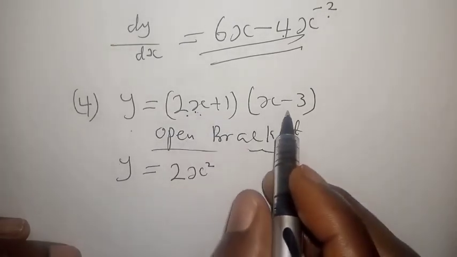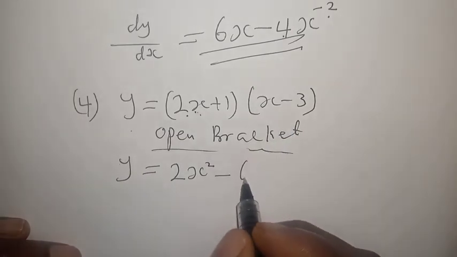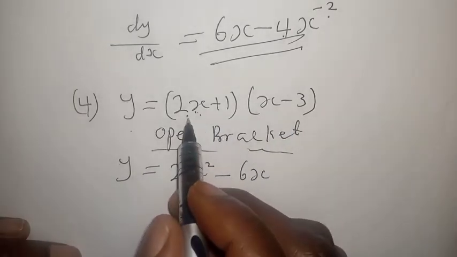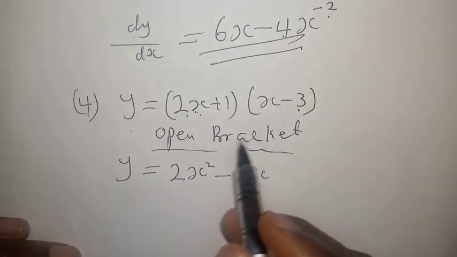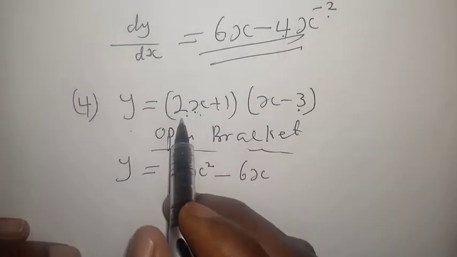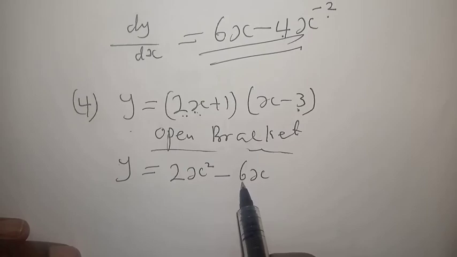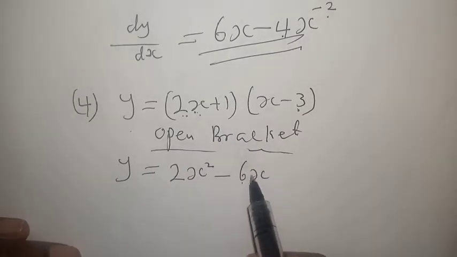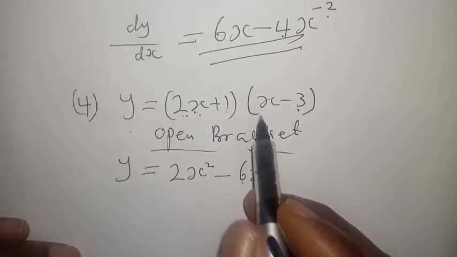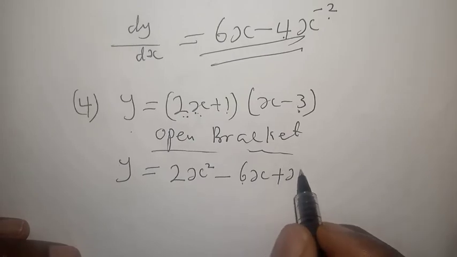Then 2x times minus 3 will be minus 6x. Then 1 times x is plus x.